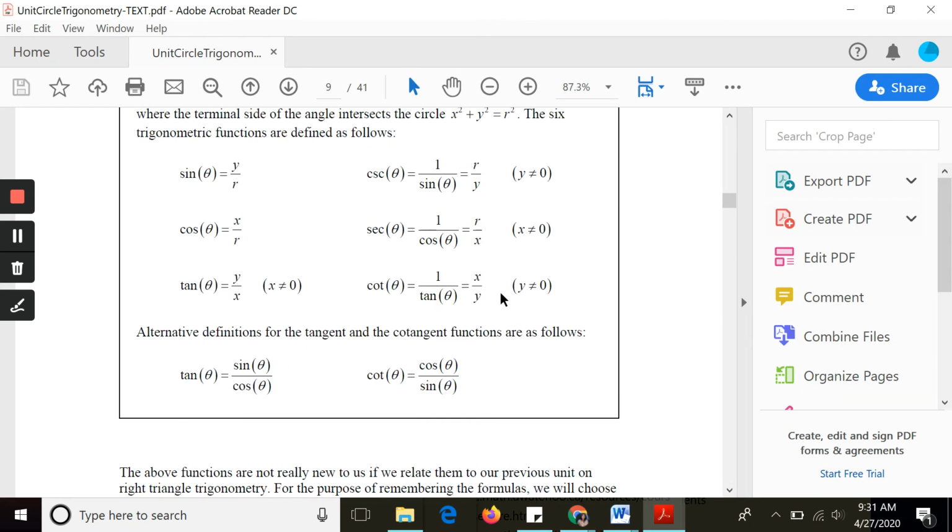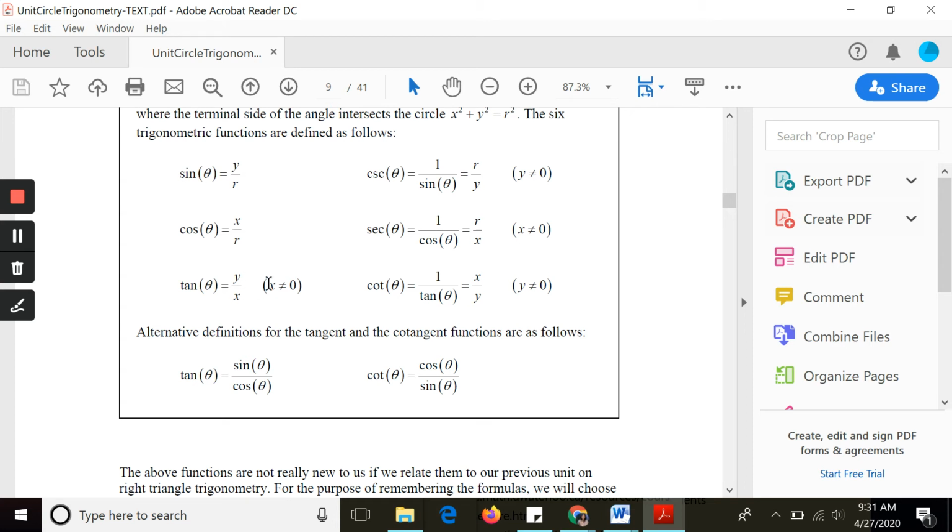There are 3 more: cosecant theta, which we name as CSC, secant theta, and cotangent theta. Cosecant theta is the reciprocal of sine theta, secant theta is the reciprocal of cos theta, and cot theta is the reciprocal of tan theta. Why am I mentioning all of these 6 trig ratios, even though we are going to focus on only sine, cos, and tan?